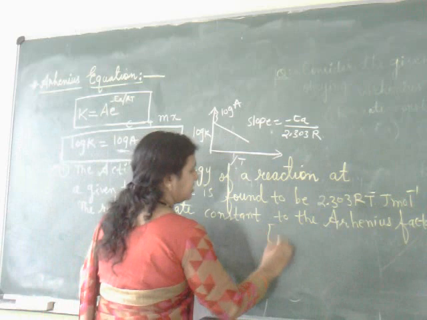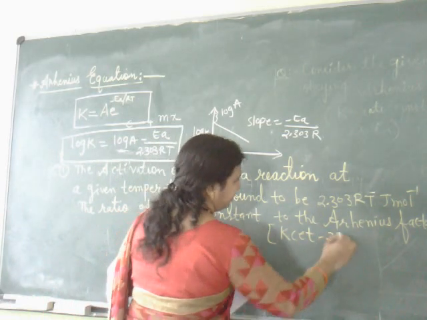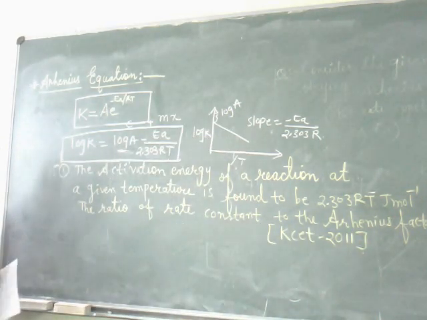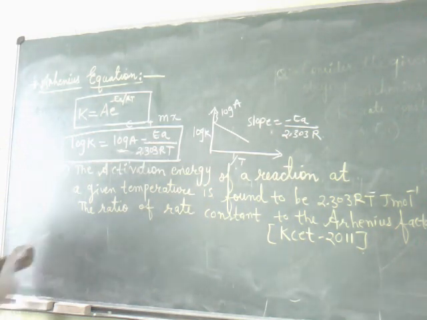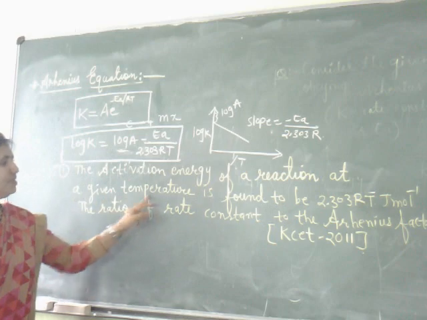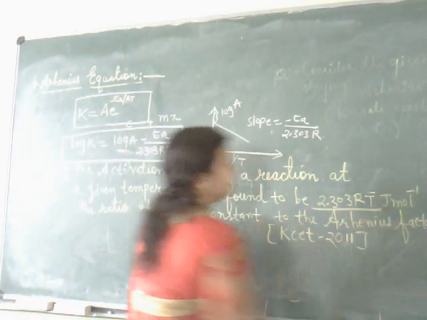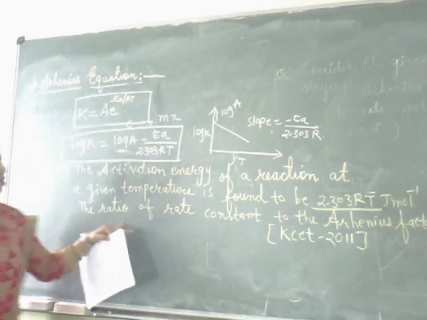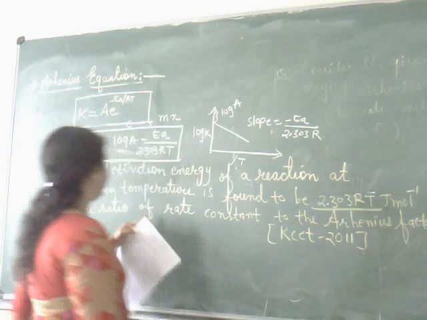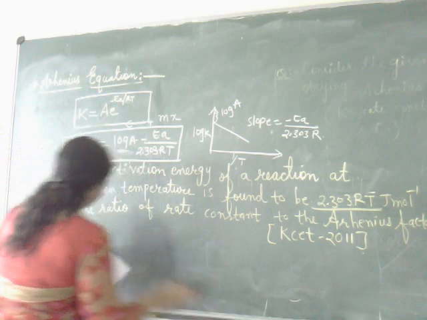This question was asked in KSET 2011. What is the question? The activation energy of a reaction at a given temperature is found to be 2.303 RT, so Ea is given, and we need the ratio of rate constant to the Arrhenius factor.